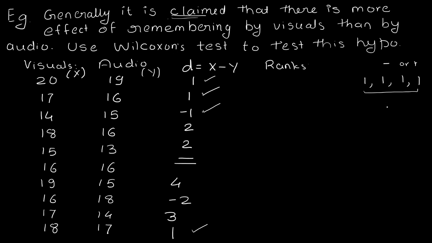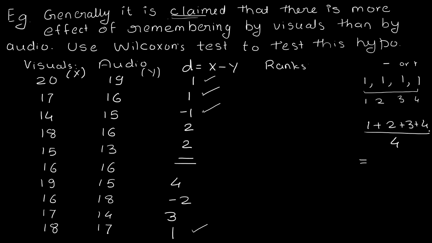Okay, now we had seen that when there is a tie for the ranks, we allot the same rank to all of them, and that rank is the average. So this is the first rank, second rank, third rank, fourth rank. The average of them is 1 plus 2 plus 3 plus 4 divided by 4, that is the mean value of those ranks.